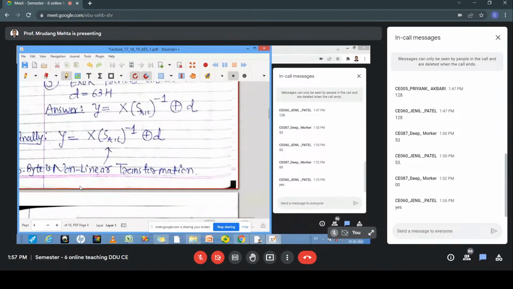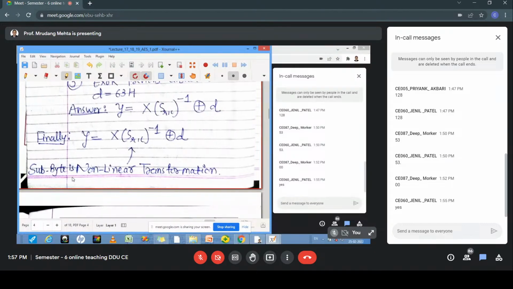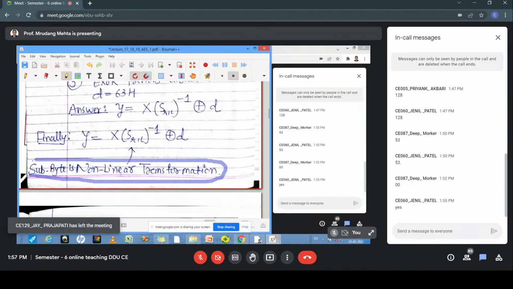Now, is this non-linear? Sub-byte is a non-linear transformation. What is the meaning of non-linear transformation? Can anyone say? In the DES discussion, I explained non-linearity.